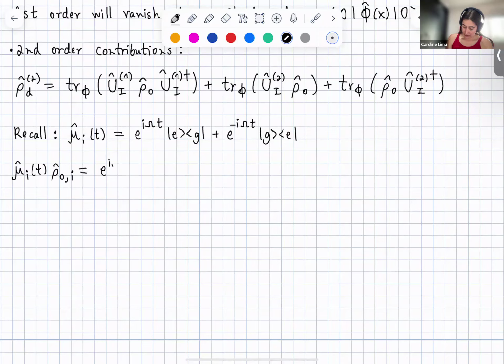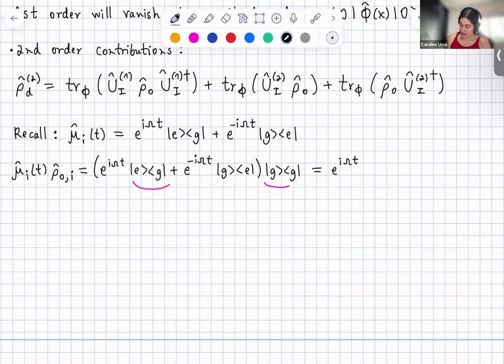So if we do that, acting on the ground state, the inner product between E and G is going to vanish. So the only term that survives is this one, okay? So then what you get is e^{i omega t} |e>.